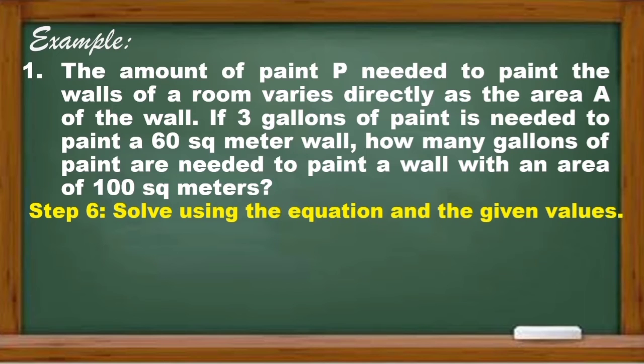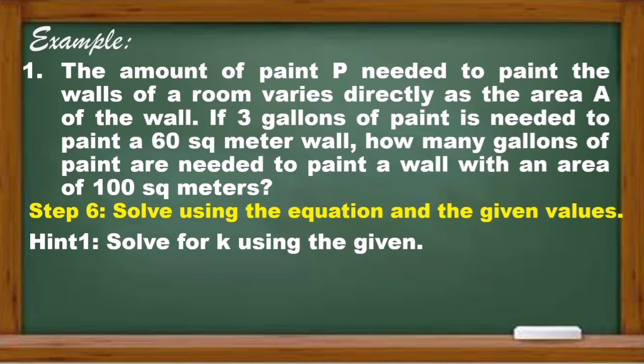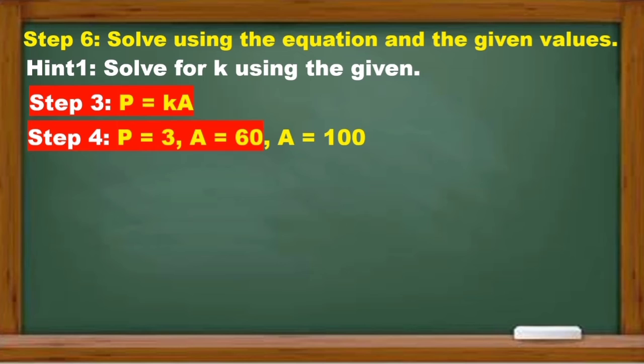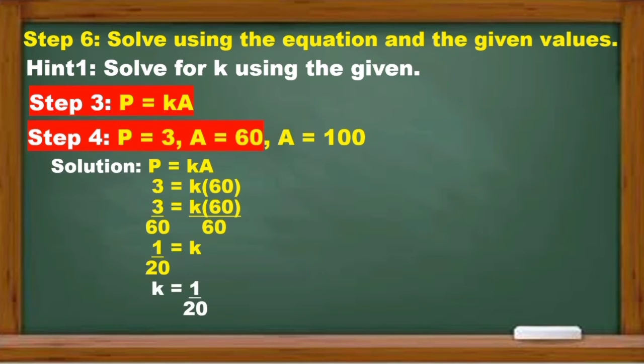Step 6. Solve using the equation and the given values. Hint 1. Solve for k using the given. To solve for the value of k, we need steps 3 and 4. So this is the solution.